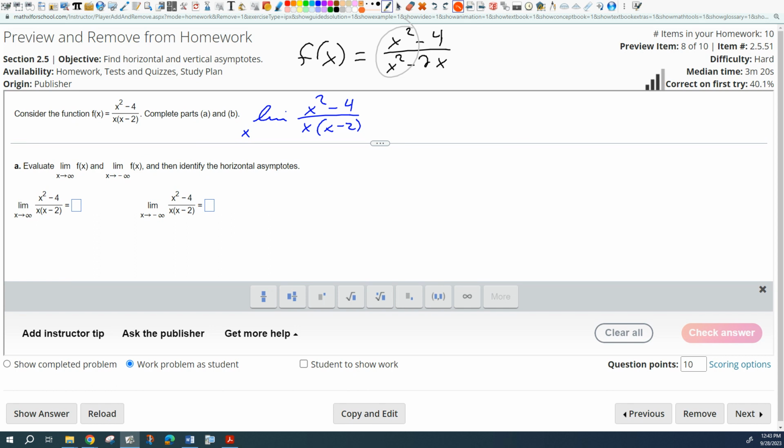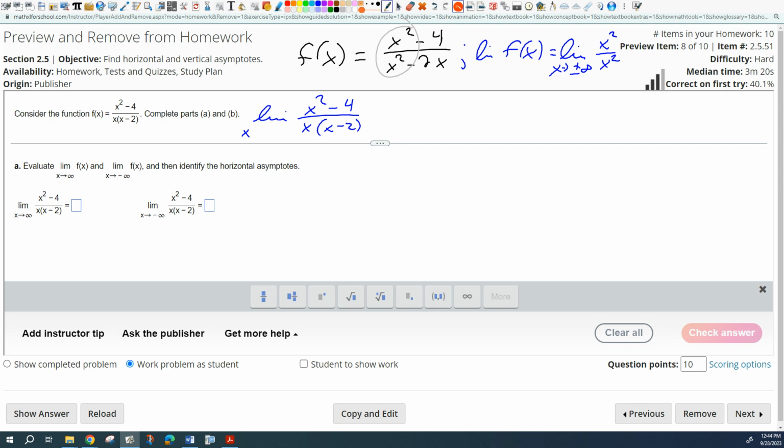If you're evaluating a limit, it just means taking a limit, right? So if we're taking a limit at infinity, what's this telling us? The limit of that is equal to the limit of the ratio of the leading terms, as long as I'm approaching the infinities, right?